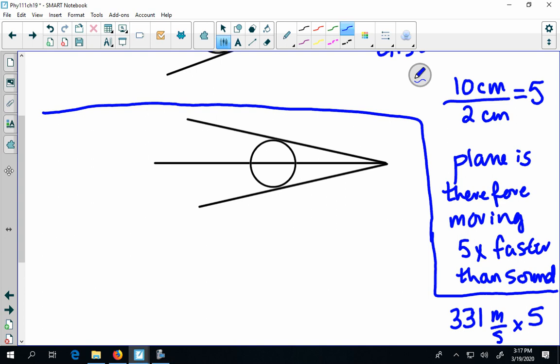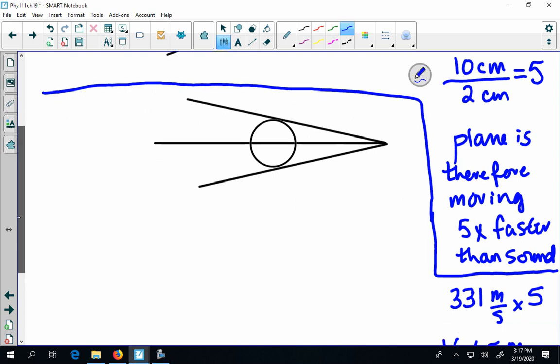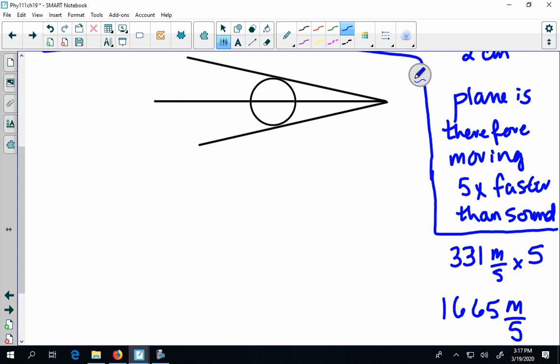So down here, I have another picture just for us to talk about again. It's just kind of settling into your heads. So at some point in time, the aircraft was right here. Sound traveled this far to the edge of the cone, right? The plane traveled this far, so wherever it is right now, the tip of the cone.